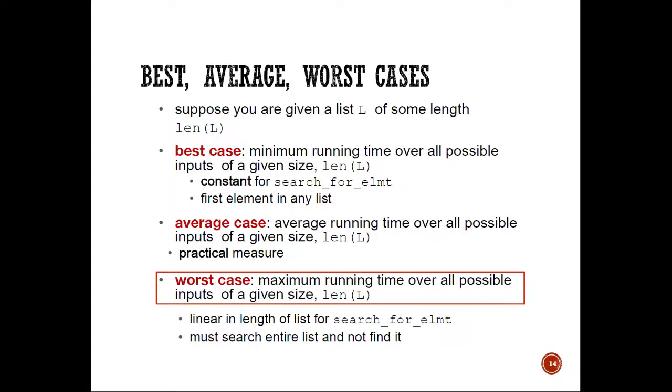So if the length of the list increases by 1, then the order will increase in a linear manner. So we would like to be able to measure this order in a generic manner.